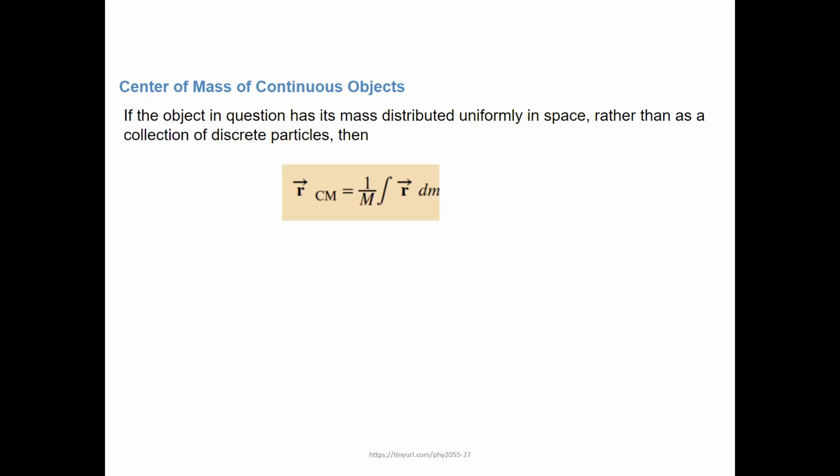So in that case, you have a continuous distribution of the mass throughout the object, and you will be doing the integration. Okay. So integration of the position vectors with dm, the small increment of mass, and then divided by the overall mass of the system. Okay. That will give you the center of mass for the object.